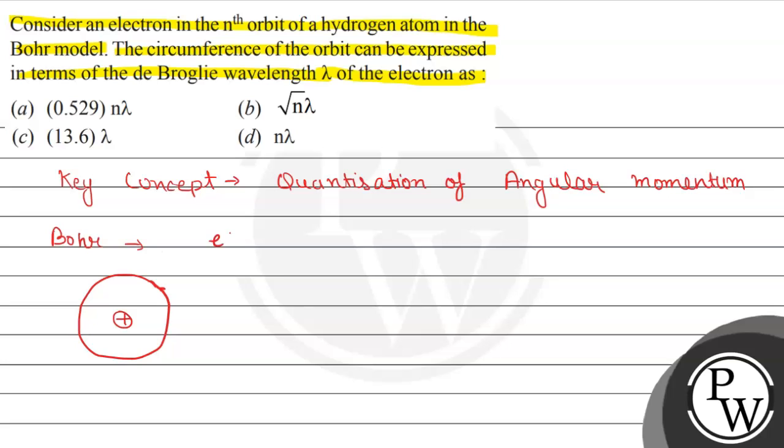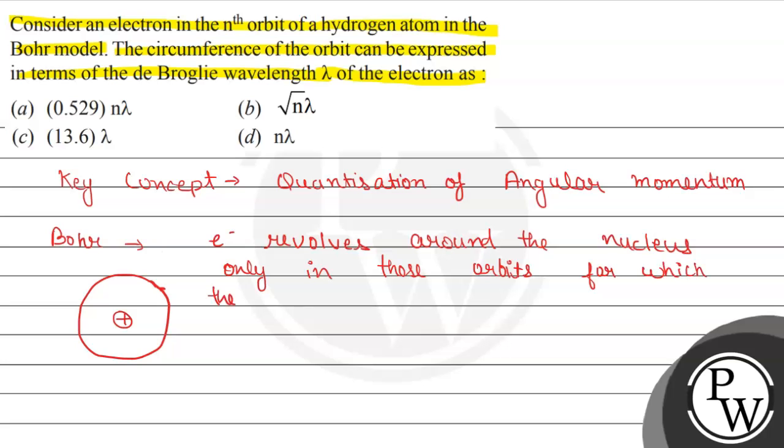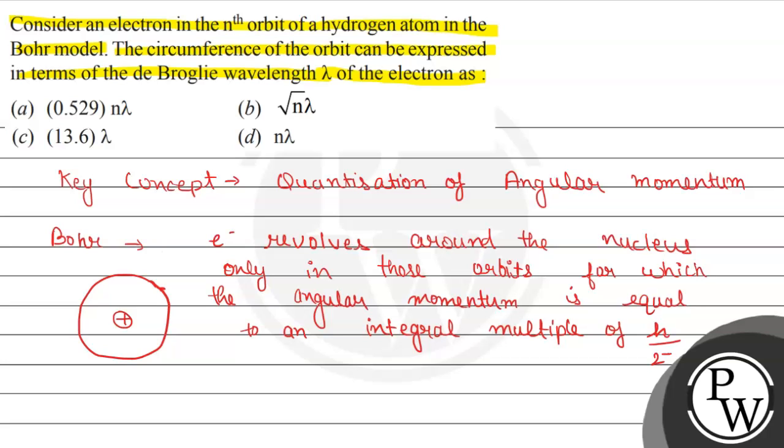So we can write: electron revolves around the nucleus only in those orbits for which the angular momentum is equal to an integral multiple of h upon 2 pi.